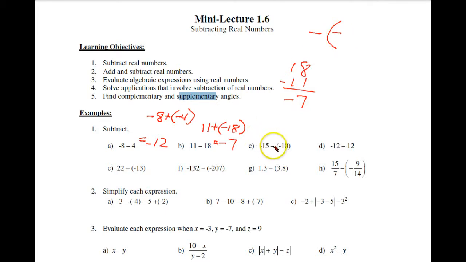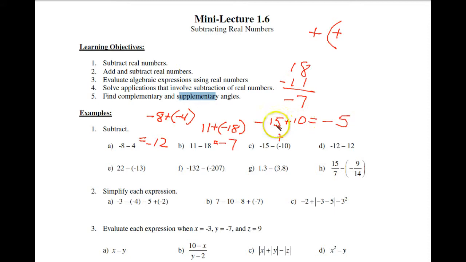And what is the opposite of a negative? It's a positive. So whenever we see this arrangement, a negative in front of a parenthesis and then a negative inside, you can say two negatives make a positive. So this will be a negative 15 and a positive 10, which will give us a negative 5.